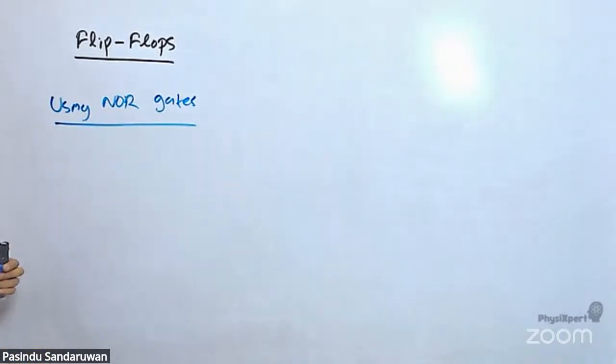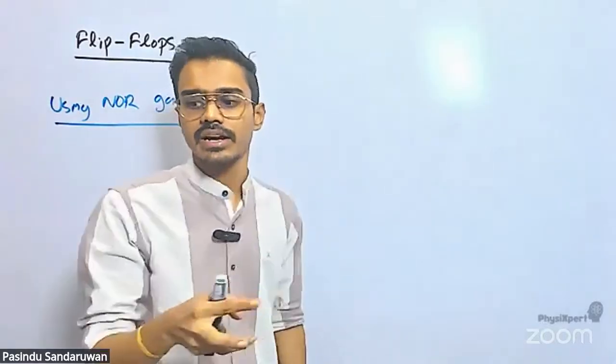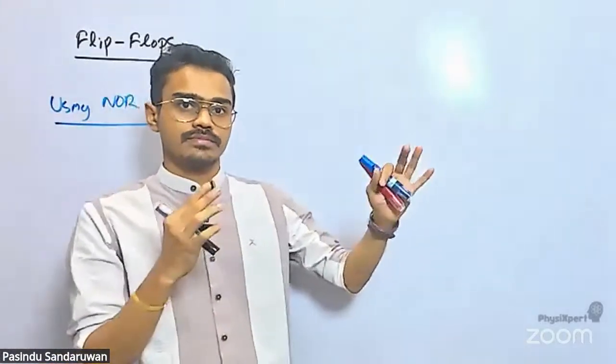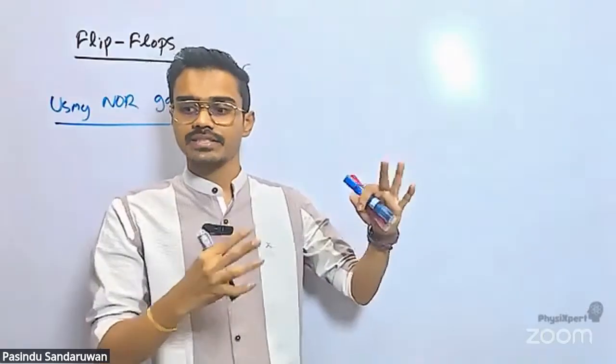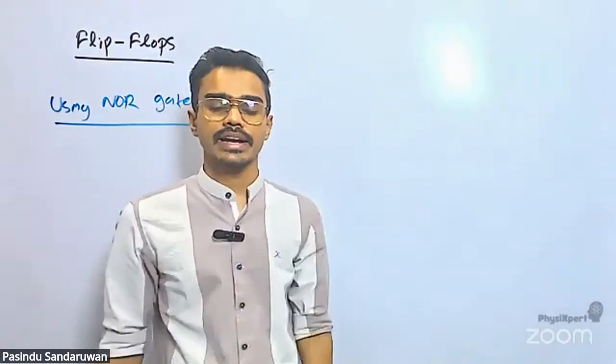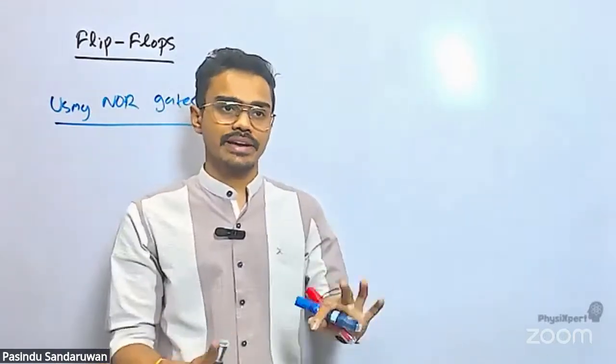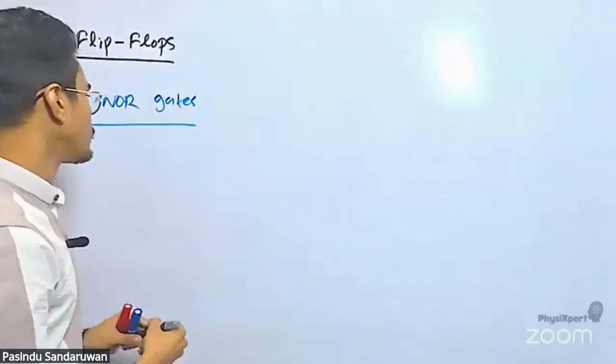Look at the board, how I'm drawing the circuit. If you don't look at the board, you won't get the exact idea how to connect these properly, and sometimes you might get stuck. First, start with the gates.